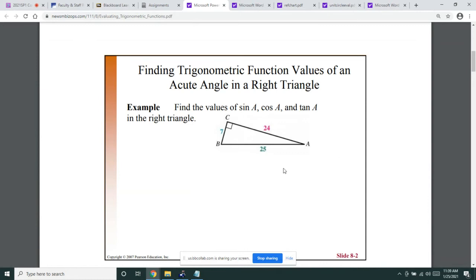But here we're given a right triangle, and you're going to see something called standard labeling in these problems. Standard labeling means your capital letters are angle measures and your lowercase letters are side lengths. If this is angle A, the side opposite angle A is side a, denoted by a lowercase letter.